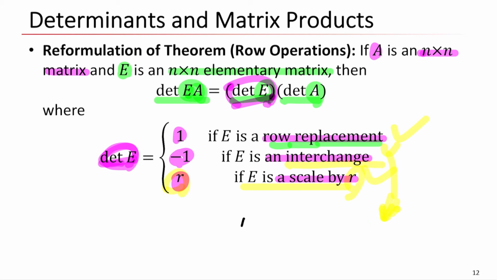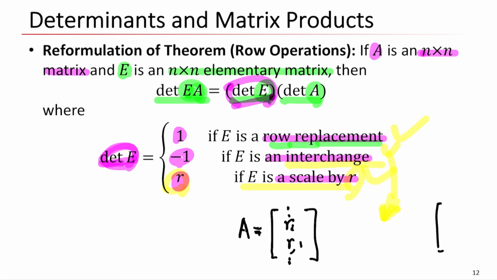Okay, let's say we have a matrix A, and there are some rows, row i and row j, right?